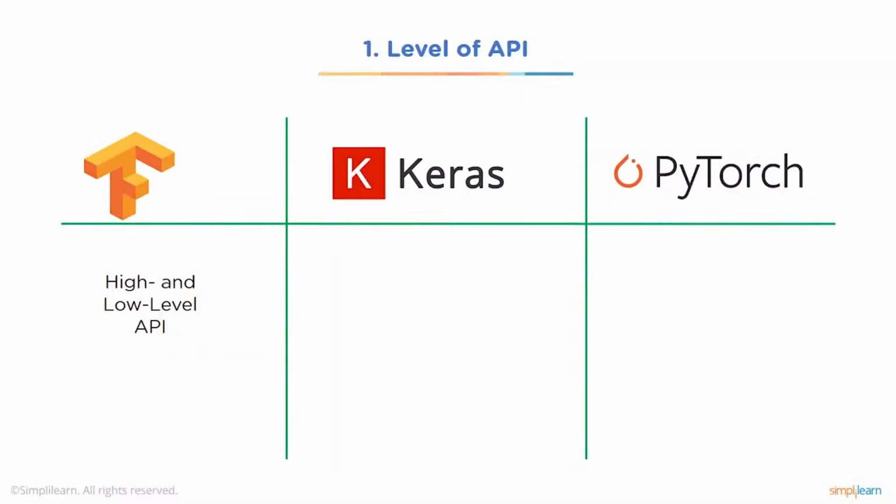The first difference that we'll be looking at is called level of API. There are two main types of APIs, a low-level API and a high-level API. API stands for Application Programming Interface.